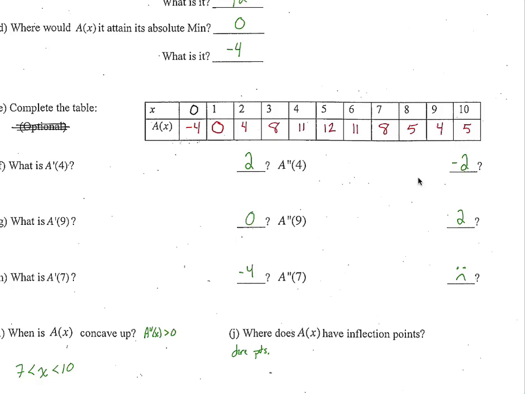So our possible inflection points are when x is less than 3 and when x is equal to 7. None of those work for inflection points, and this is an inflection point.